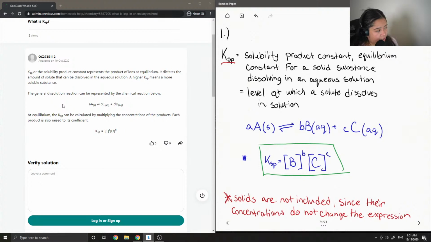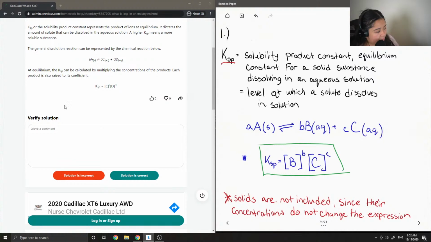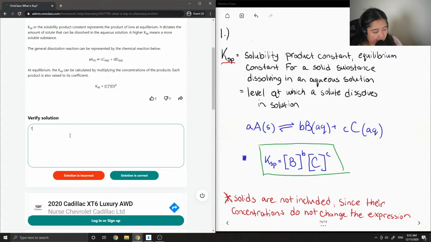The general dissolution reaction can be represented by the chemical reaction below, where A, solid, makes C aqueous plus D aqueous. At equilibrium, the KSP can be calculated by multiplying the concentrations of the products. Each product is also raised to its coefficient. Yep, so this solution is correct.